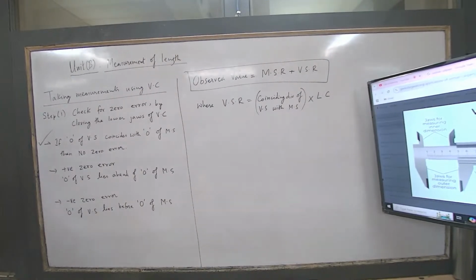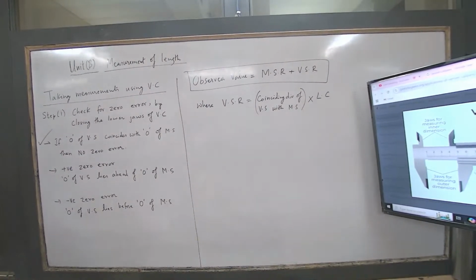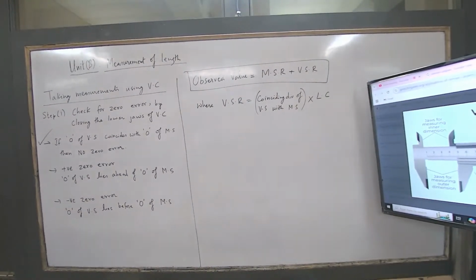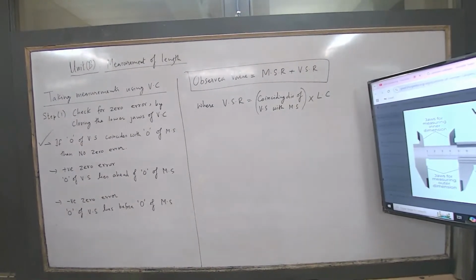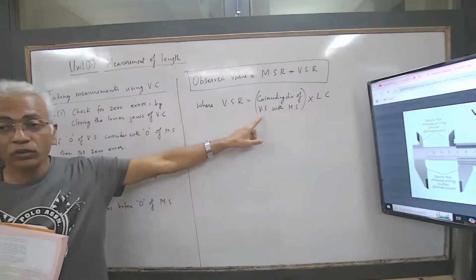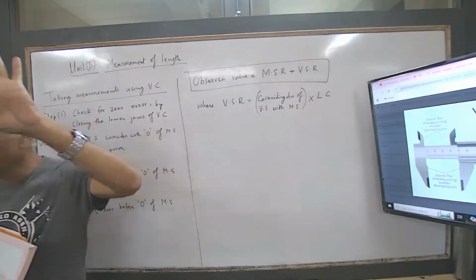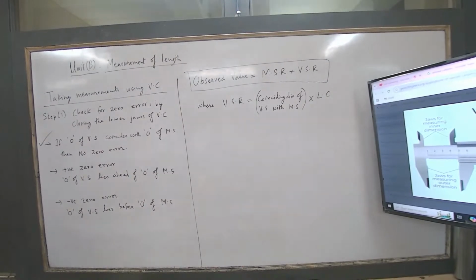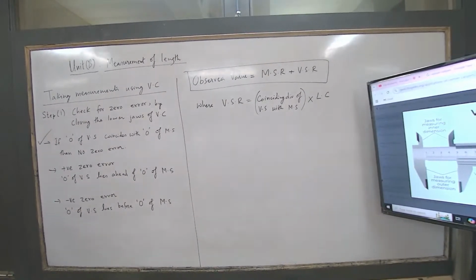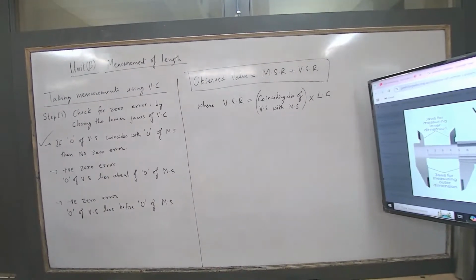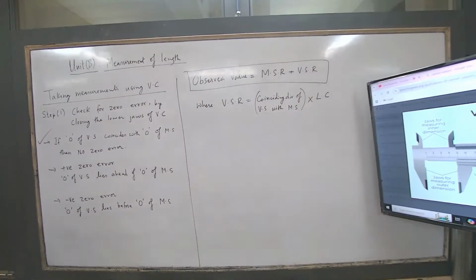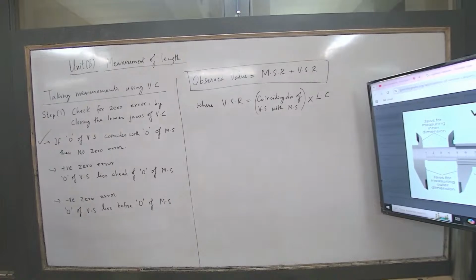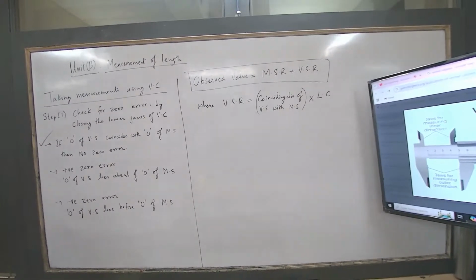So, how is the coinciding division? You can see that the 6th division in Brothers is matching with some division on the main scale. So what is this division? Coinciding division? It is the division on the vernier scale. There are only 10 divisions. So out of 10, which one is matching? The 6th one is matching. Okay? Similarly in the second diagram, the coinciding division is 6 in both places. But now for positive zero error, the zero lies ahead of the main scale.